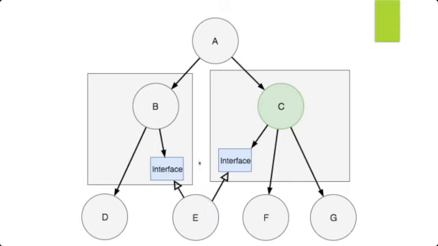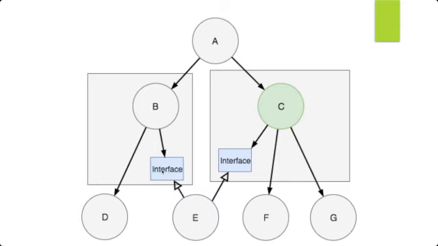In such a structure I reverse the dependency, because the interface is a part of this class, and now class B controls class E and tells it what methods should be inside this class because of this interface.